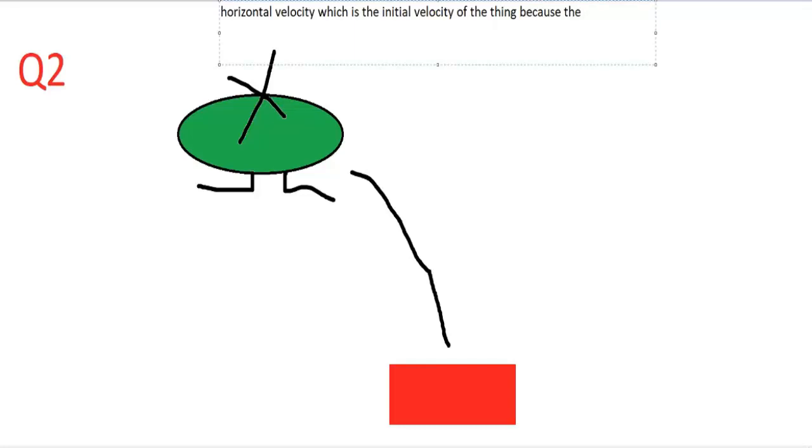Let's say horizontal velocity equals initial velocity equals 80 meters per second. And the initial vertical velocity is 0.